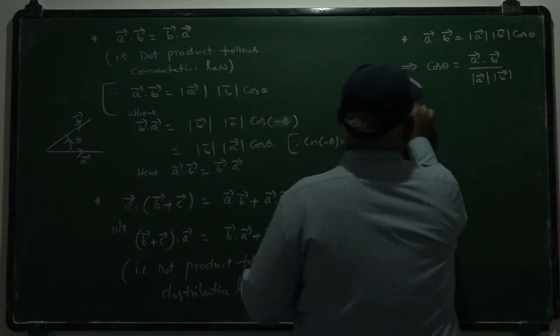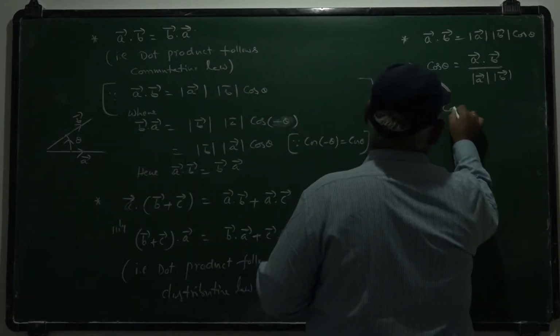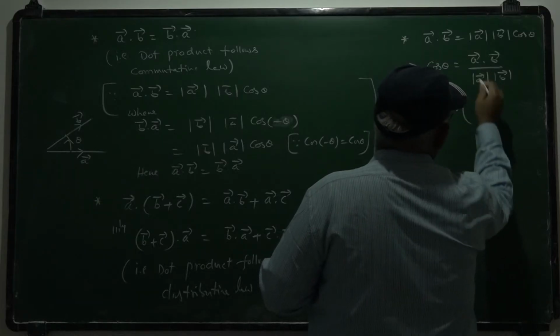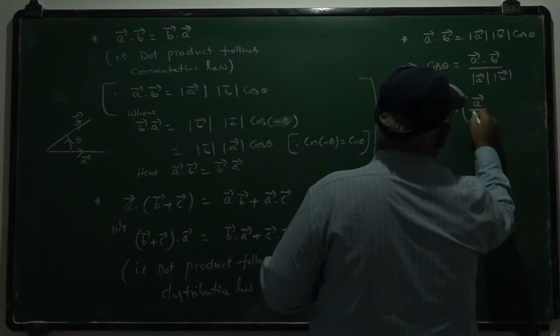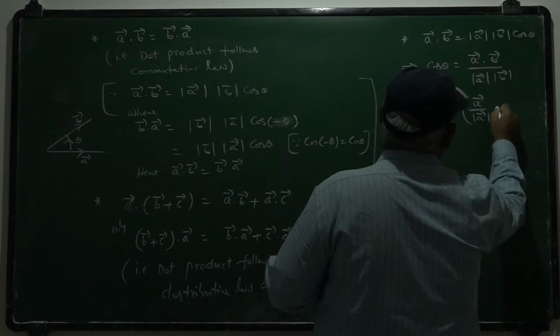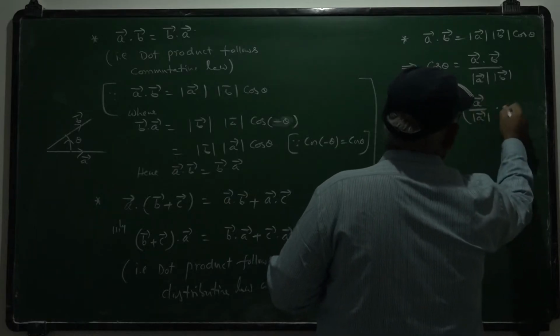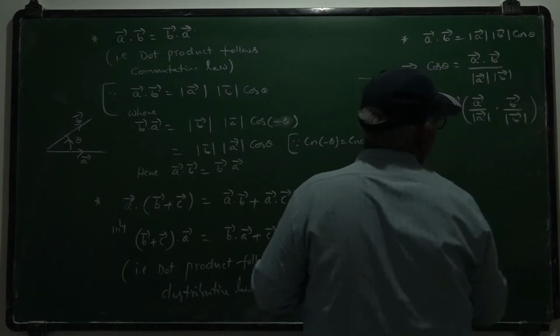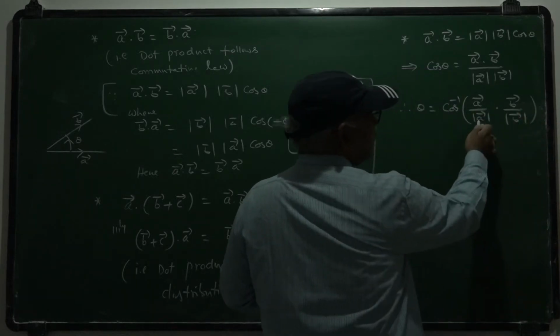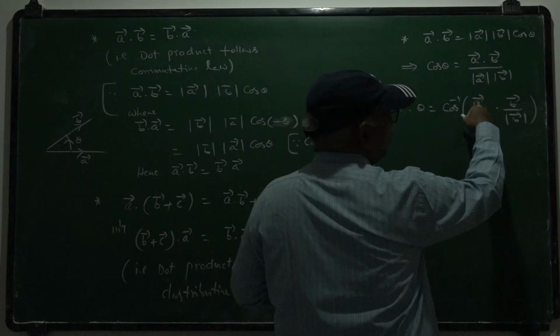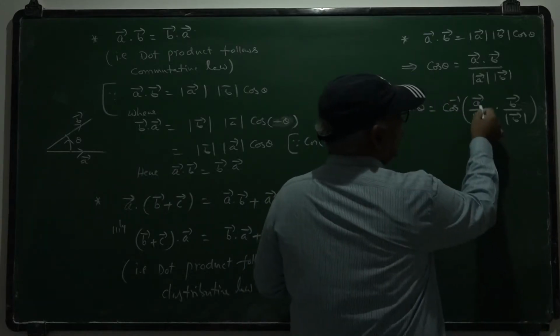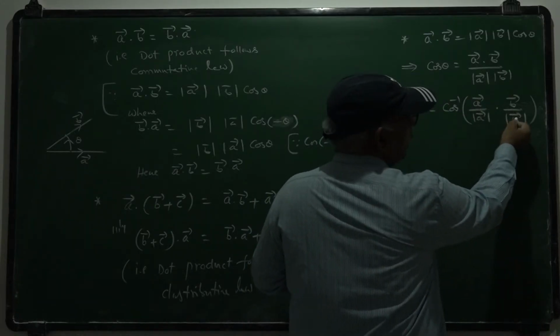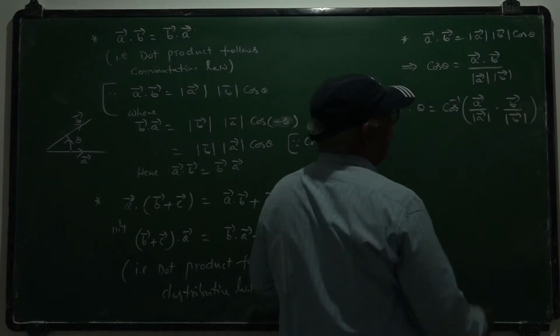So, theta equals cos inverse of A bar by modulus of A bar dot B bar by modulus of B bar. This is the unit vector parallel to A bar, and this is the unit vector parallel to B bar.